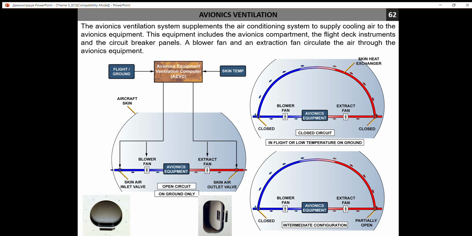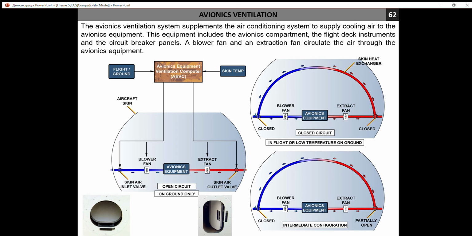Then avionics ventilation. From the point of view of avionics operation, it releases a significant amount of heat, all electrical equipment, especially avionic equipment.